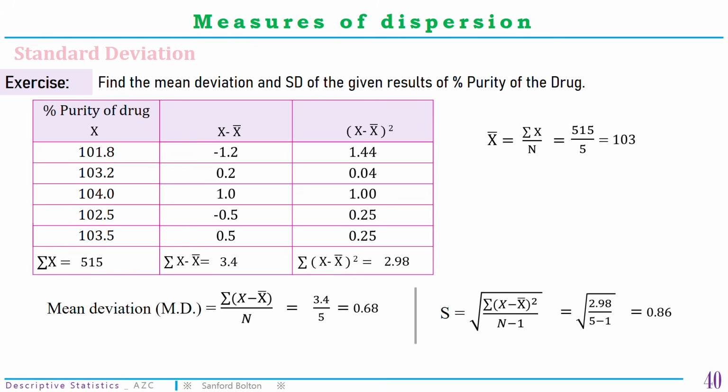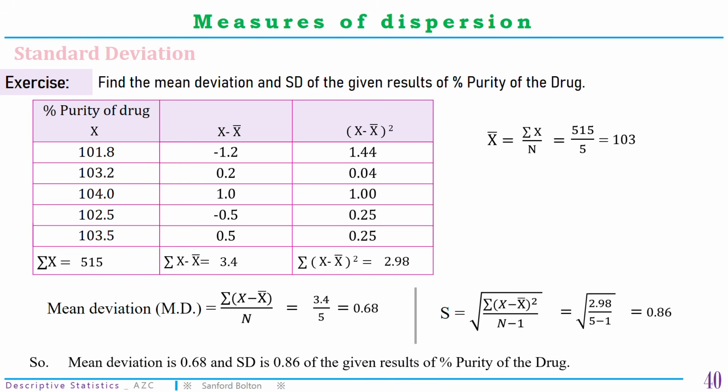Now, add all these calculated values into the equations of mean deviation and standard deviation. Upon solving, we finally get the result: the mean deviation is 0.68 and standard deviation is 0.86. So, mean deviation is 0.68 and SD is 0.86 of the given results of percent purity of the drug.